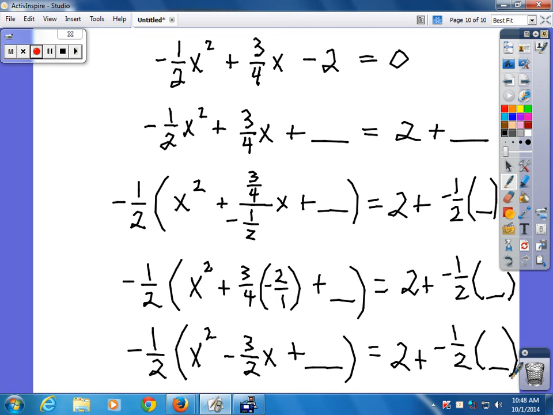I showed you every single step. And if you suck at fractions, that's what you need to have on your paper, because you are the baby that's not ready to walk yet. What else do you notice? We still haven't filled in the blank. Why? Because we are just now getting the problem where we what?